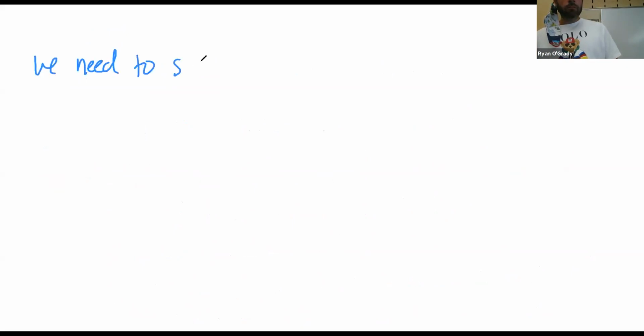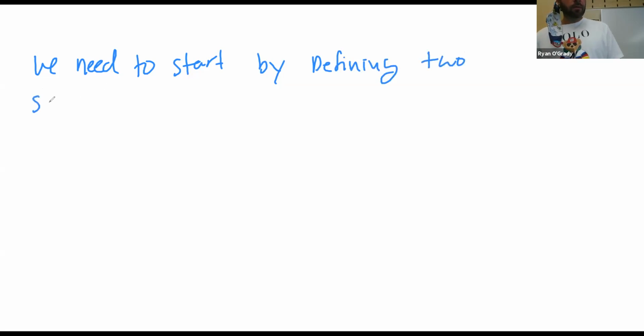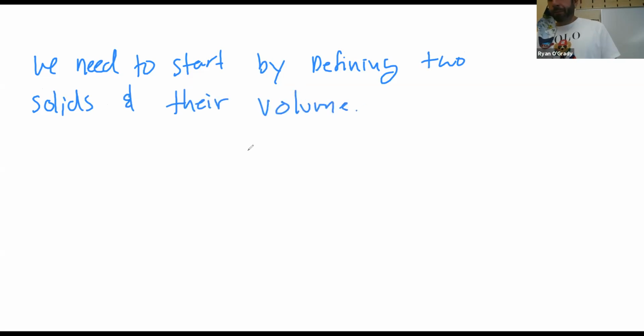Okay, so what we need to do is start by defining two shapes or two solids and their volume.